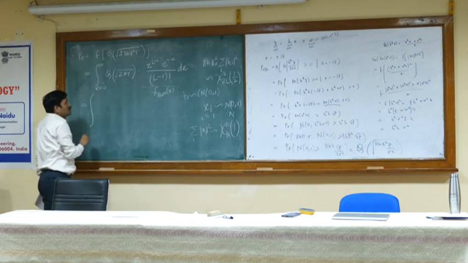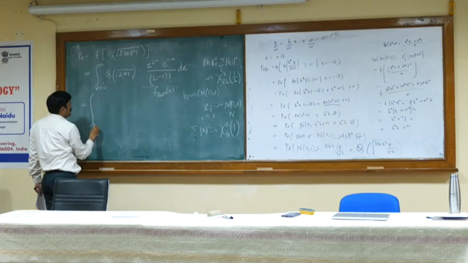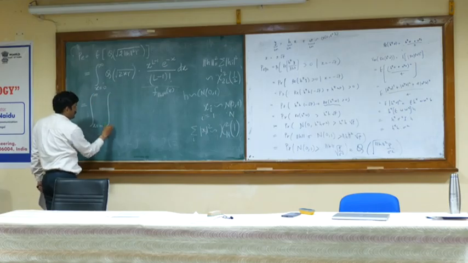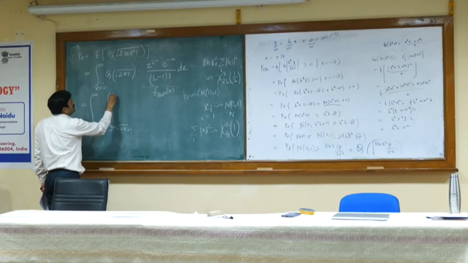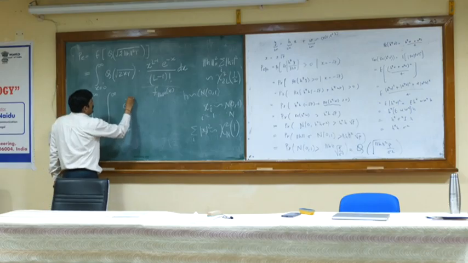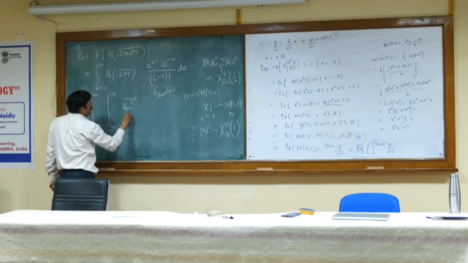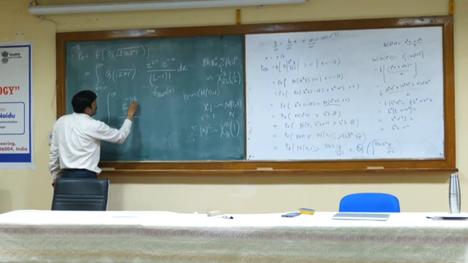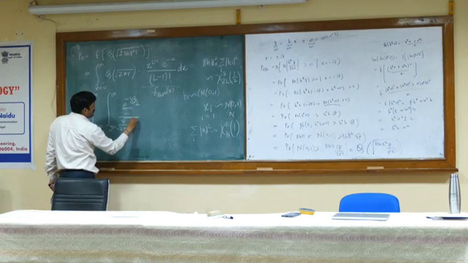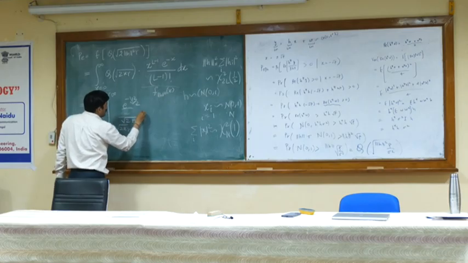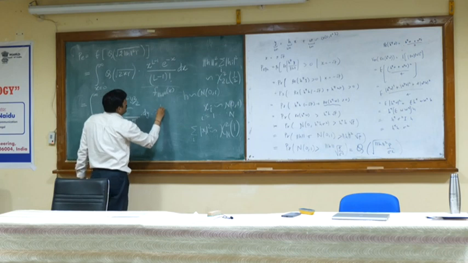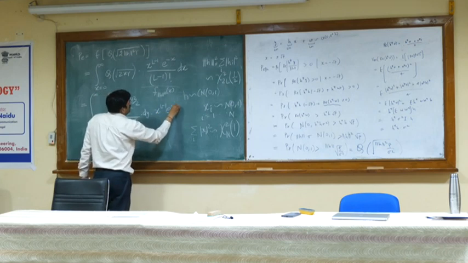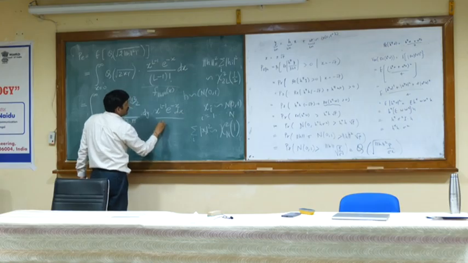Now we do the similar procedure. We write the integration for x, and for this Q function, the integration from square root of 2xγ to infinity of e to the power minus y square divided by 2, divided by square root of 2 pi, dy, and this x to the power L minus 1 e to the power minus x dx divided by (L minus 1) factorial.